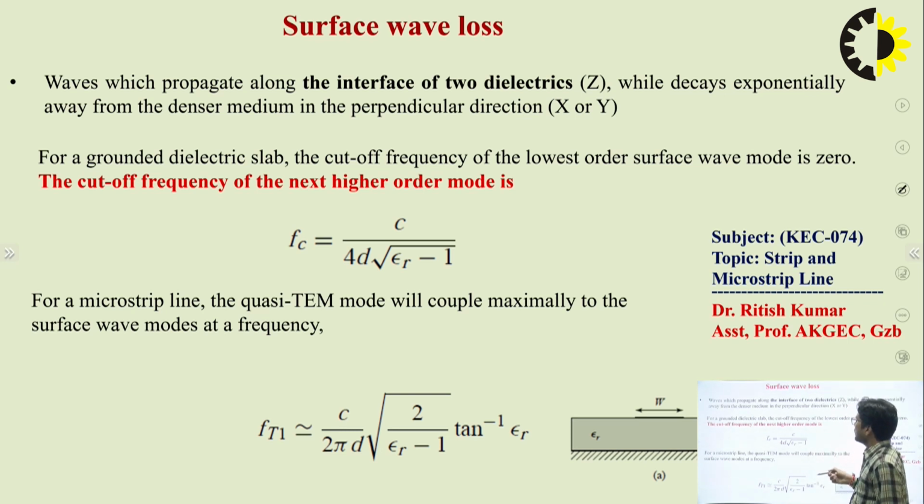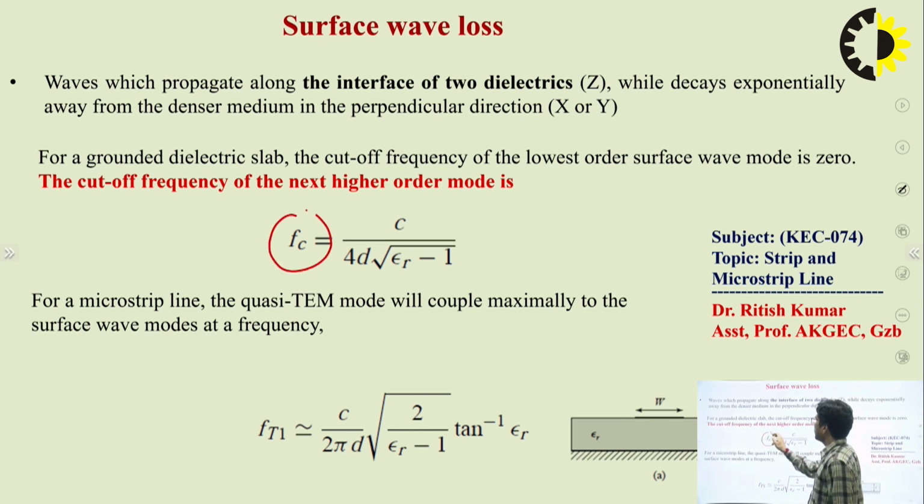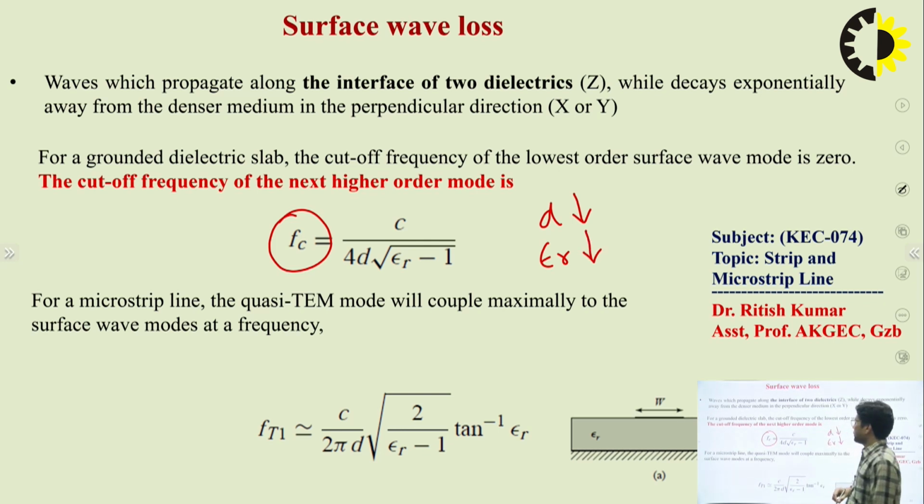To minimize the surface wave over the dielectric surface, we need the cutoff frequency of the surface wave to be as high as possible. To make the cutoff frequency as high as possible, we need to take D as low as possible and epsilon R as low as possible. So we need to take the substrate thickness as low as possible and the dielectric constant as low as possible.